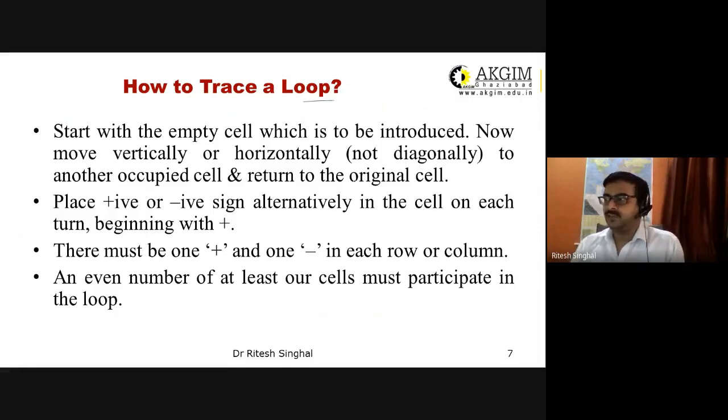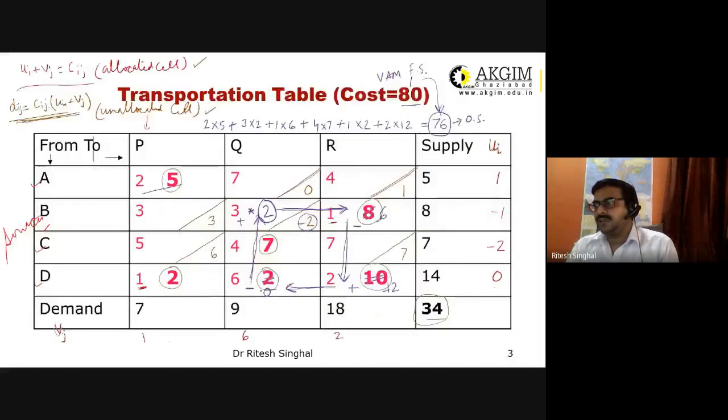How do we trace a loop? We start with the cell where Dij is negative, draw vertically or horizontally, but it should not be diagonal. Add positive and negative signs alternatively, starting with the positive sign, and along that loop, you have to transfer the units.